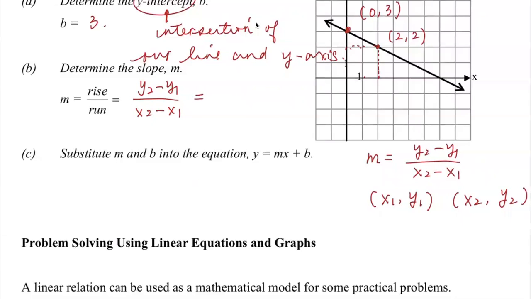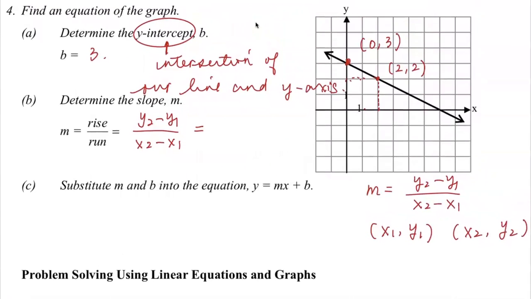So the slope will be 3 minus 2 over 0 minus 2, which is equal to 1 over minus 2, which is minus 1 over 2. Okay, so that's the slope. And now we know the slope. This is one piece of information. And we know the y-intercept. That's the other piece of information.